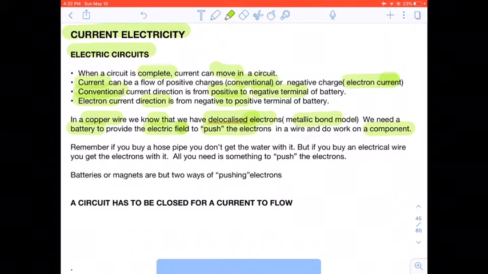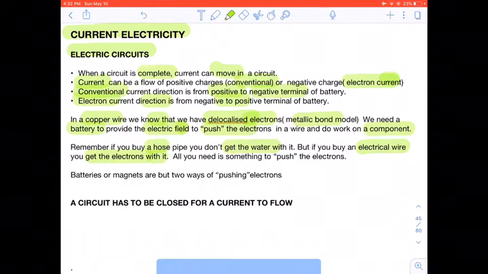Now what you need to remember is that if you buy a hose pipe or a hose, you don't get the water with it. Am I right? But if you buy an electrical wire, you get the electrons with it. And we know in an electrical wire, if it's a metal and it's a conductor, the electrons are delocalized.